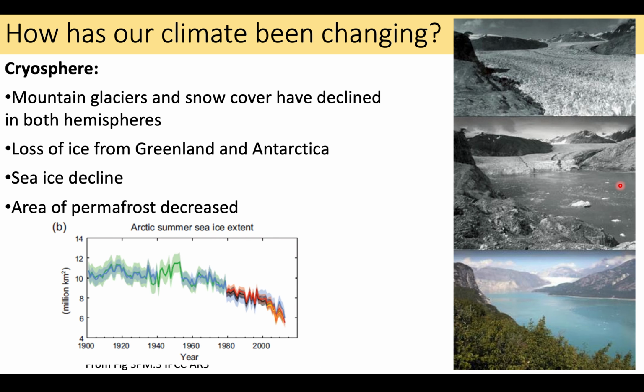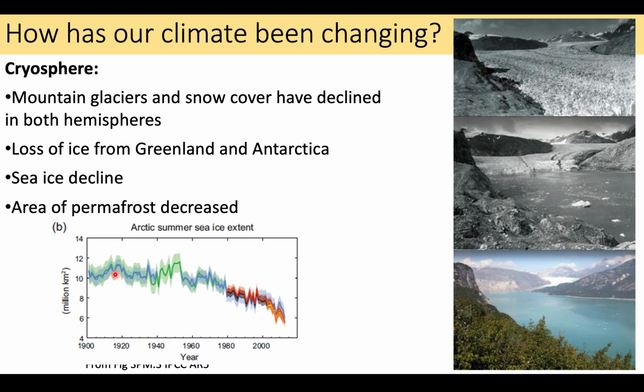So if we look at the cryosphere, the cryosphere being ice on Earth, the glaciers on Earth as well as snow cover have declined in both the northern hemisphere and the southern hemisphere. We're seeing record losses of mass of ice from our two ice sheets, Greenland and Antarctica. And we're also seeing a decline of sea ice on Earth.